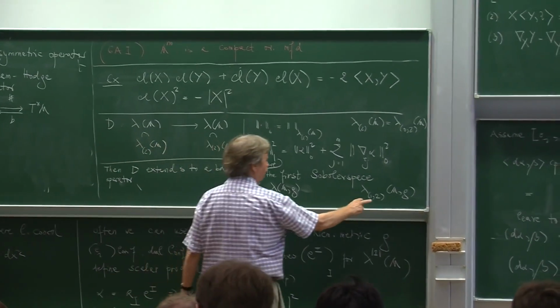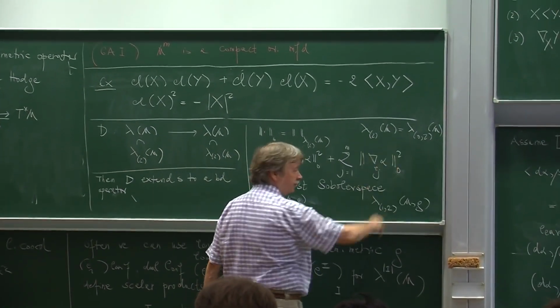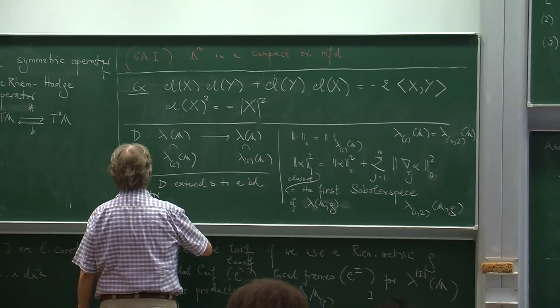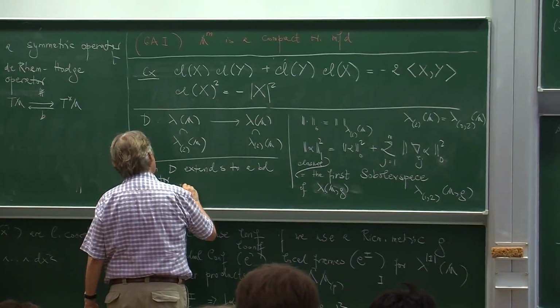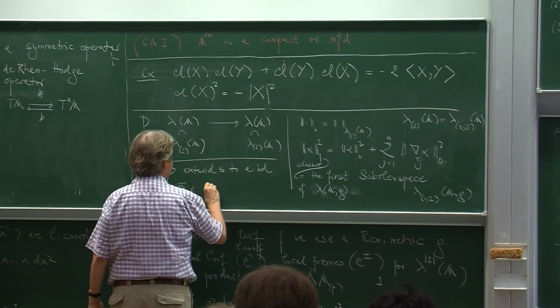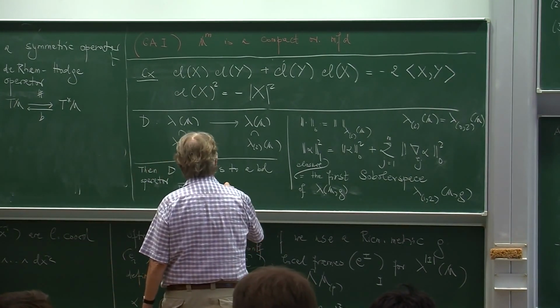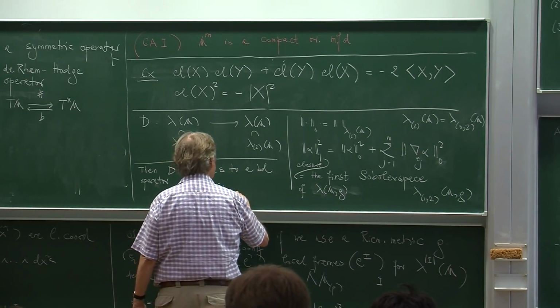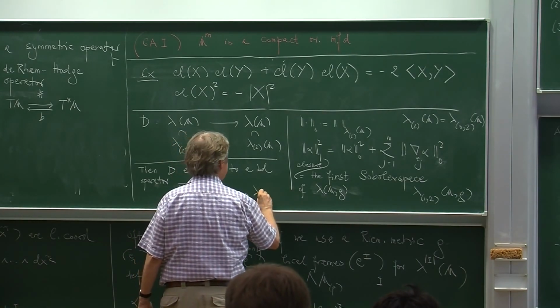This is for the square, and this is for the number of derivatives. Don't be confused. So this operator I call D bar, and this is in fact a bounded operator from this space lambda 1, 2 to lambda 0, 2.